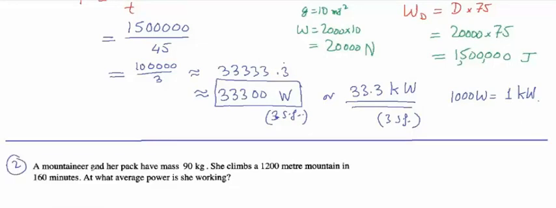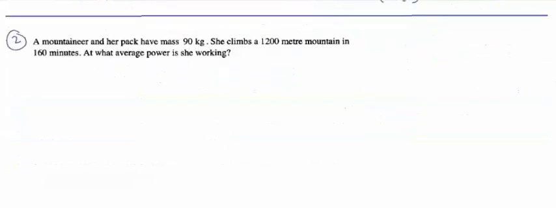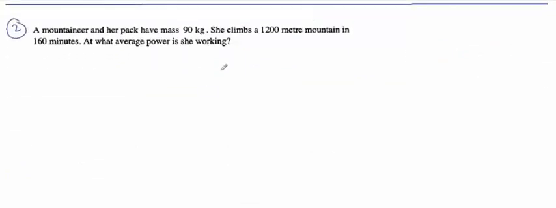A mountaineer and her pack have mass 90 kilograms. She climbs a 1200 meter mountain in 160 minutes. At what average power is she working? So we have to find the power developed by her to do this work.